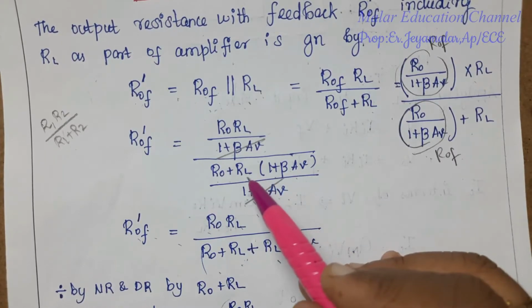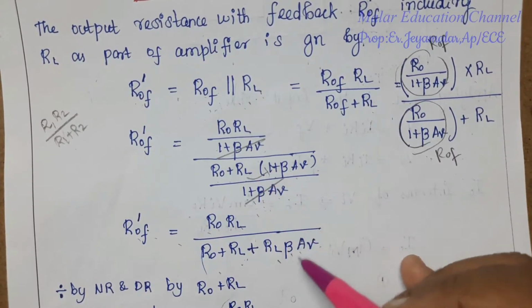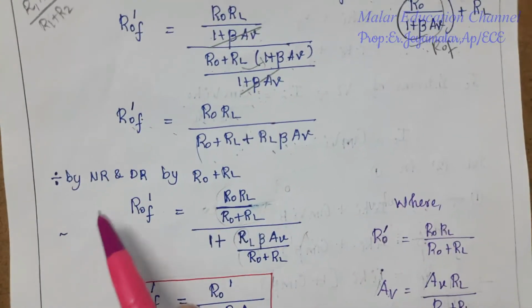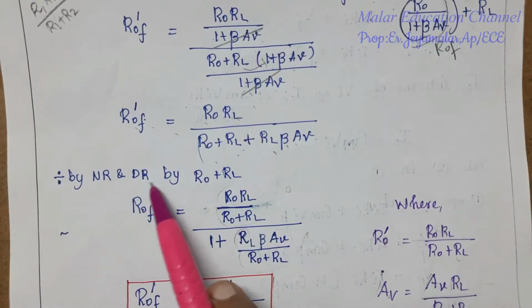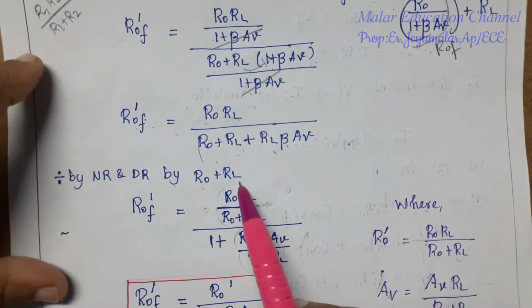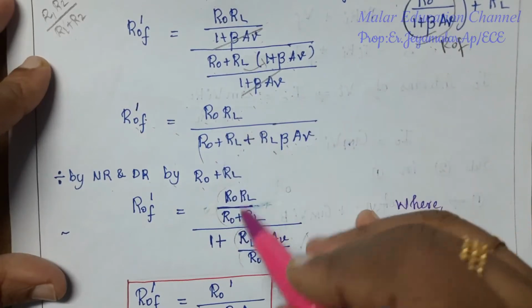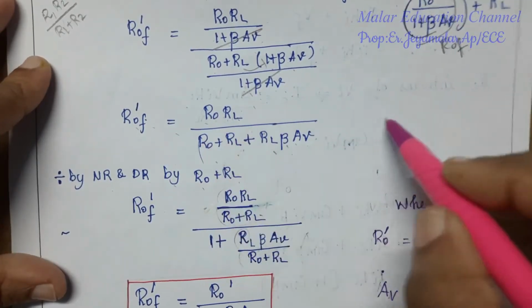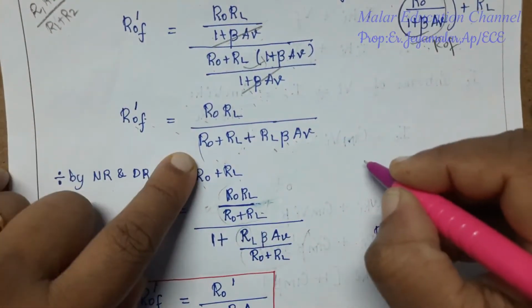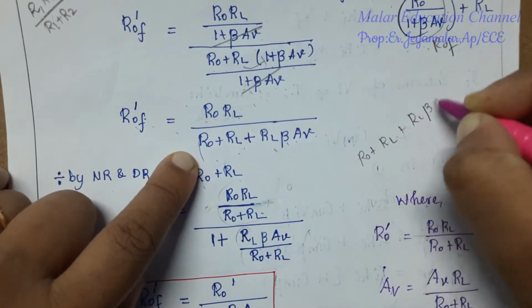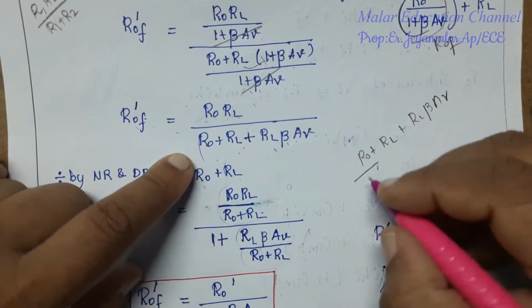That is RL multiplied inside for the third term. Next step, divide the numerator as well as the denominator by R0 plus RL. The numerator becomes R0 RL divided by R0 plus RL. The whole is divided by the denominator terms, R0 plus RL plus R0 beta into Av, each divided by R0 plus RL.